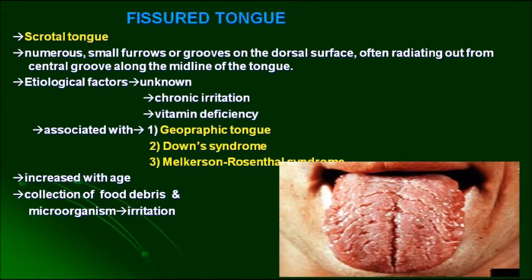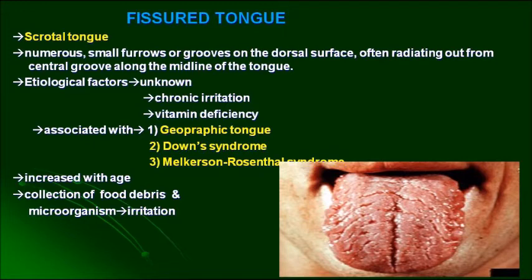Okay, in Melkersson-Rosenthal syndrome, I had told you one important feature was fissured tongue. I had taught that in part 1, developmental disturbance. If you don't remember, revise the lecture once more. In that I had shown two pictures, a lady with the fissured tongue in case of Melkersson-Rosenthal syndrome. So connect, the same thing is here also. In Melkersson-Rosenthal syndrome you can see fissured tongue or scrotal tongue, okay.